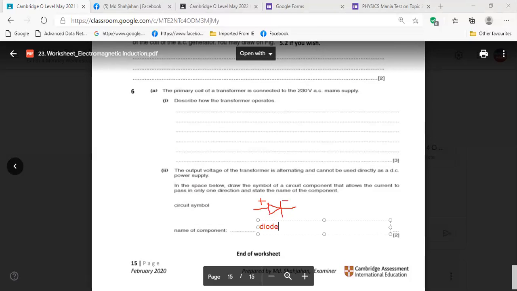Is it clear? So our worksheet is done. Write only: a diode is a device or component which allows the current to flow in one direction, which converts AC to DC.